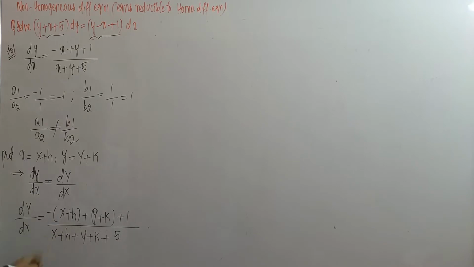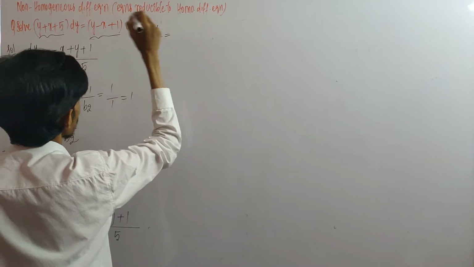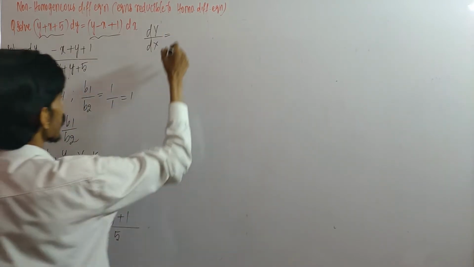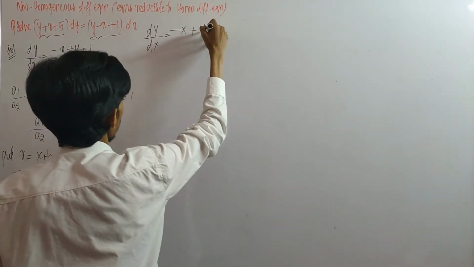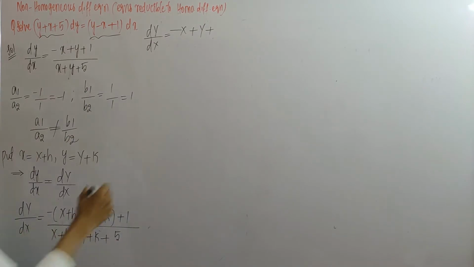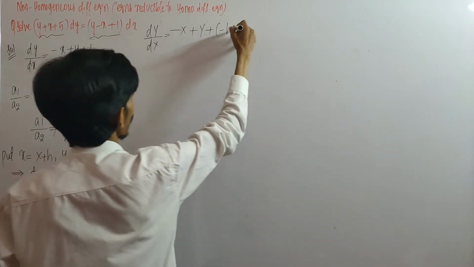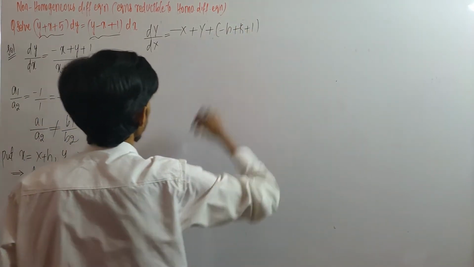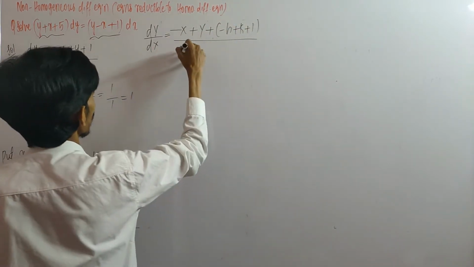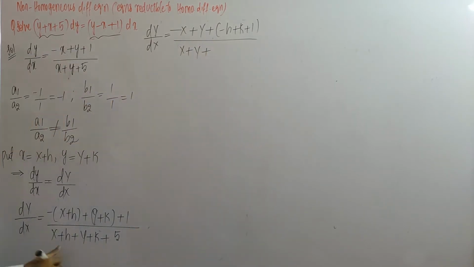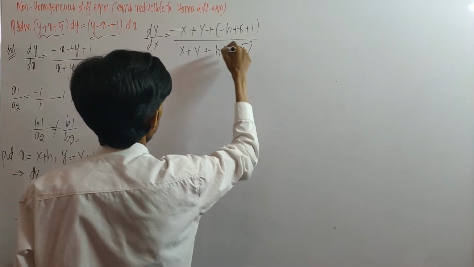Now multiplying out the minus, we have dY/dX = (-X + Y - h + k + 1)/(X + Y + h + k + 5).